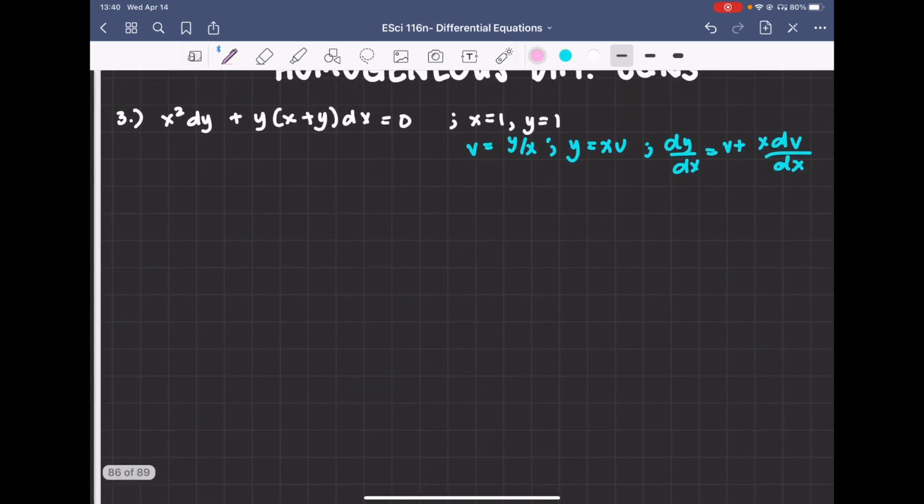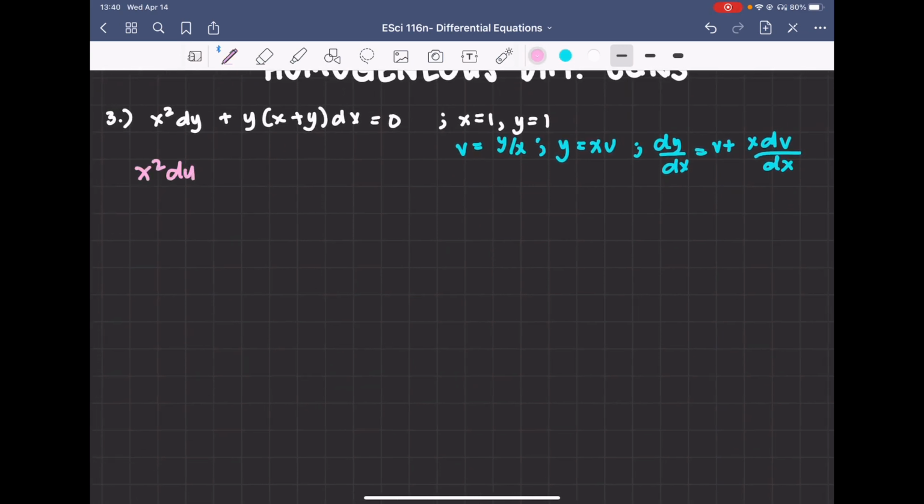So let's rewrite our equation. That's x squared dy plus y times x plus y dx equals 0. So we can rearrange this. dy over dx equals negative y times x plus y, all over x squared.